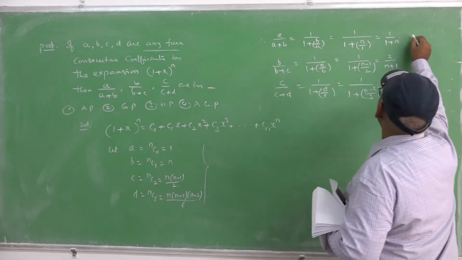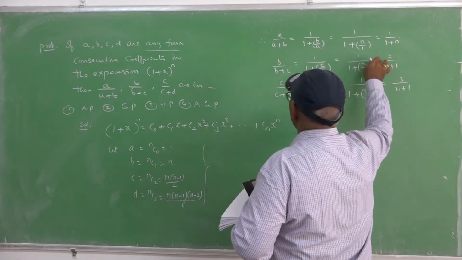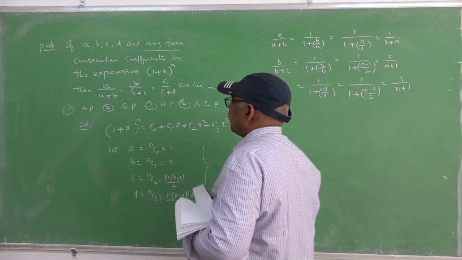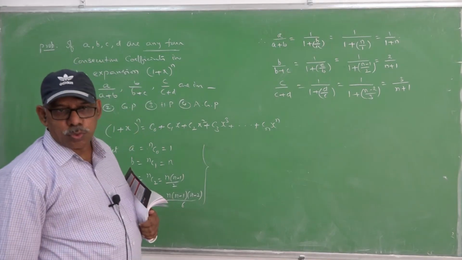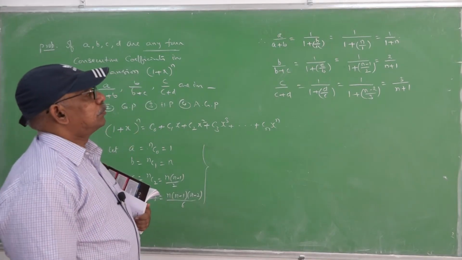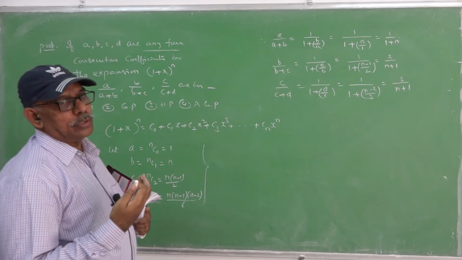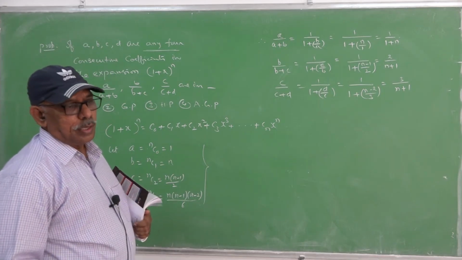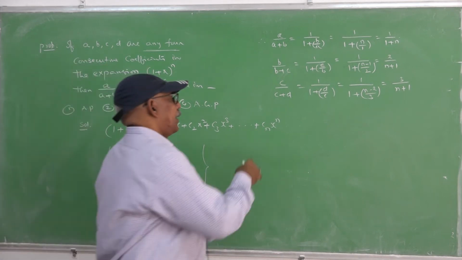So these three are in AP. Since the denominators are same, the numerators are 1, 2, 3 here. Since 1, 2, 3 are in AP and the denominator is common throughout the values, hence based on the numerators 1, 2, 3, you can conclude that these values are in AP clearly.